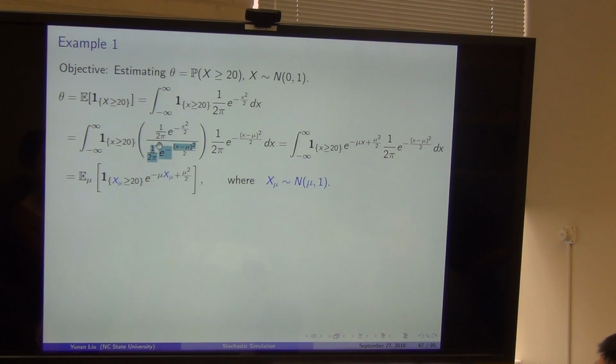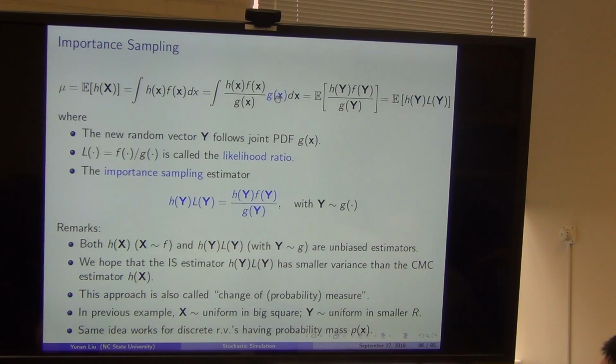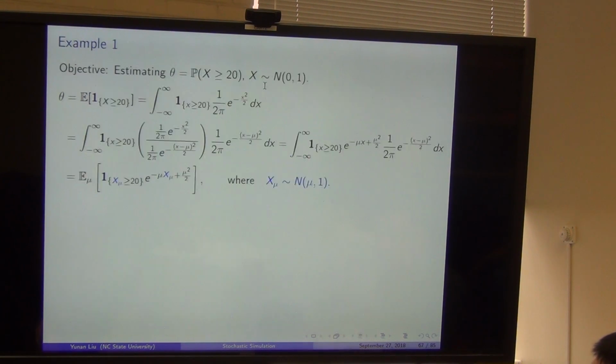Cancel out the terms, do some simplification, and keep the g here. Again, this is square root of 2 pi. Cancel out some terms and combine the exponentials, and you see this thing. This is the adjusted new h. This term, highlighted in dark blue, is equal to this new function of everything combined.